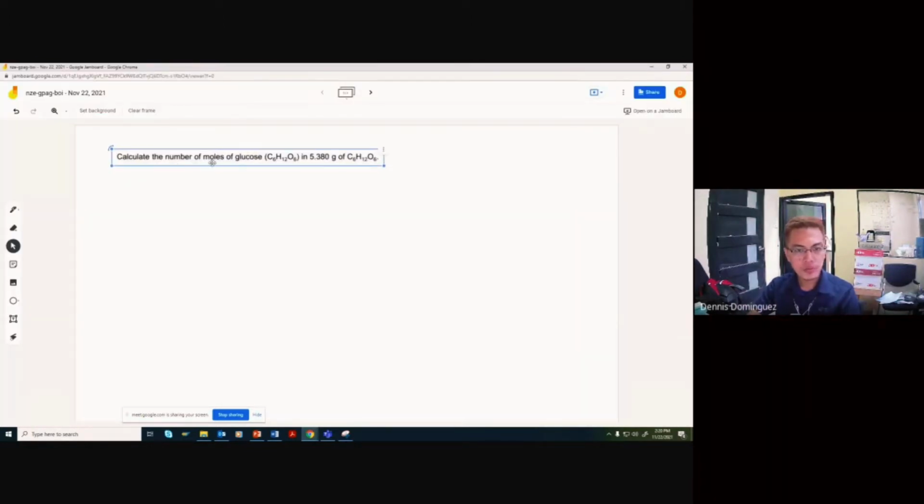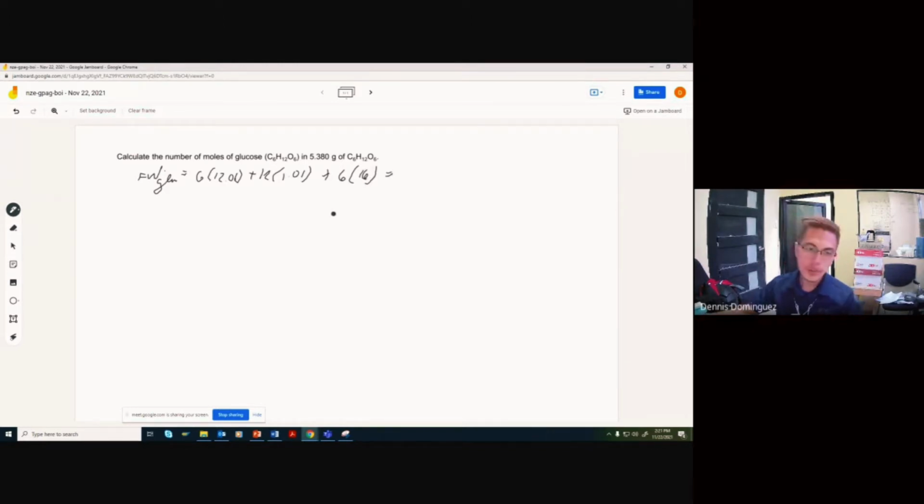Calculate the number of moles of glucose, C6H12O6, in 5.380 grams of glucose. How to solve this one? You need to first get the formula weight of your glucose: 6 times 12.01 plus 12 times 1.01 plus 6 times 16.